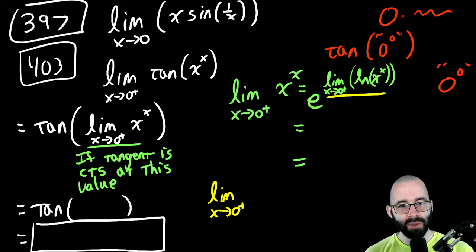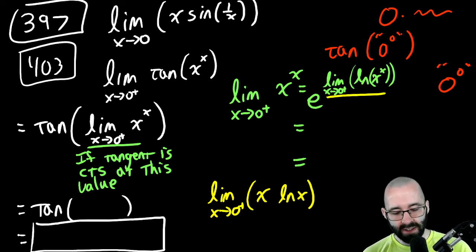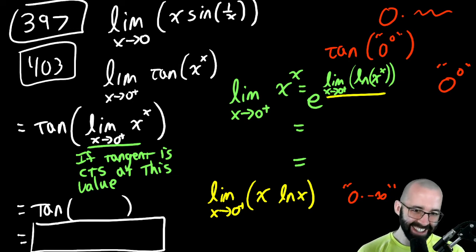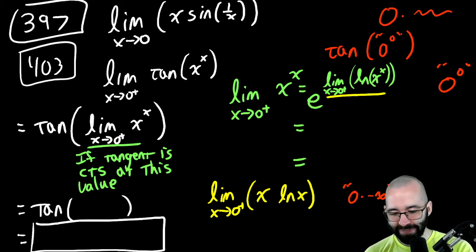We can simplify it with properties of natural logs. This is x times the natural log of x. This is the 0 times negative infinity indeterminate form. So I'll have to rewrite this again and use L'Hopital's rule. So this is the limit as x approaches 0 from the right.